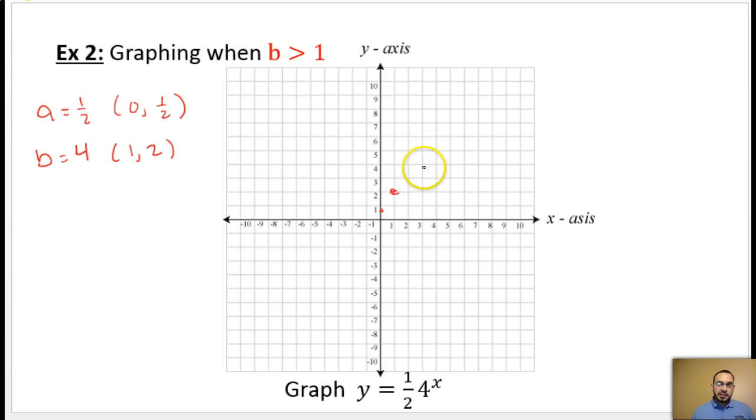We know this graph is going to look like a small curve, what I like to call a half pipe or a ramp. Our asymptote is going to be our x-axis, so it's never going to touch our x-axis. Let's see if I can draw this really close without touching. Sketching it out, I'm going through this point and that point and getting very close. There we go. And we're done. Way easier once we've got the steps down.